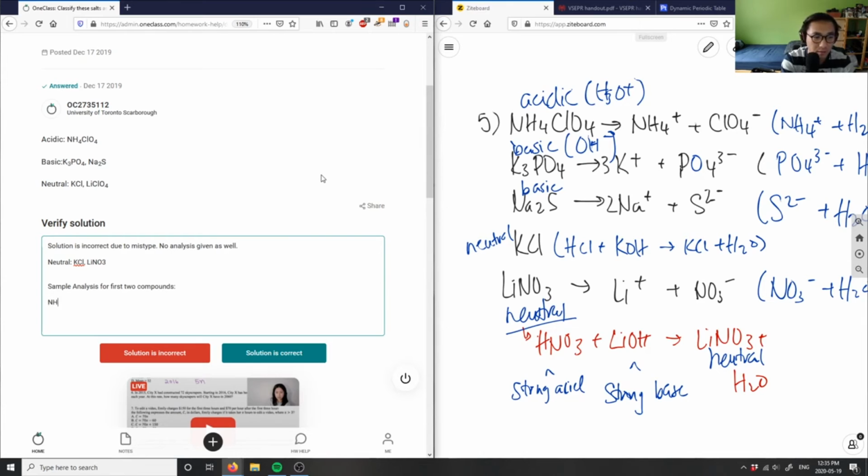So I have NH4ClO4, dissociates into NH4 plus and ClO4 minus, which in water reacts to get some NH4 plus H2O, give me NH3 plus H3O plus.